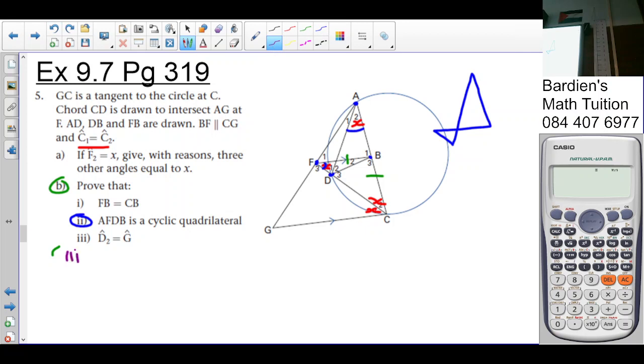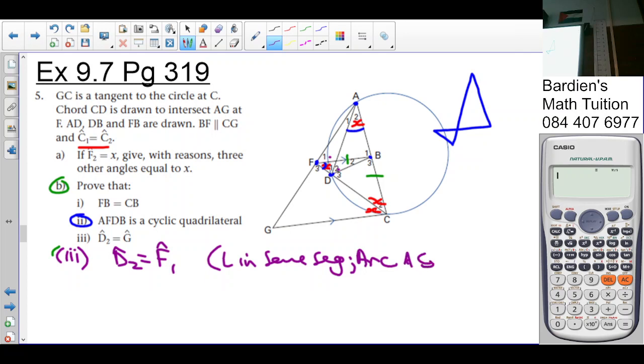Guys, ready to move on with your lives? Right. So let's go. Angle D2 is equal to F1. Why? Angles in the same segment, and it's coming from arc AB. You don't have to say that part. Then F1 is equal to G. Why?